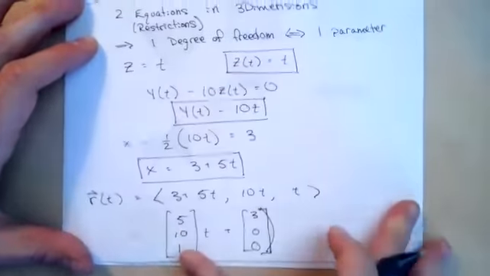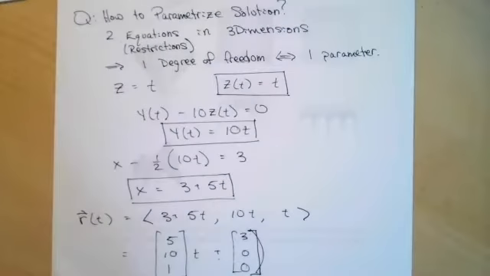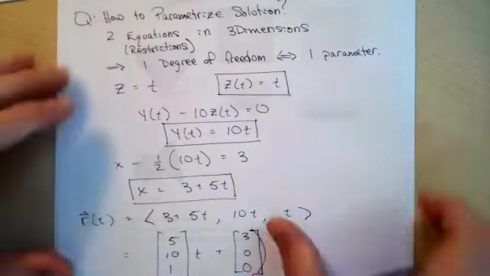We have a parameterization of each of our coordinates, and that does parameterize a line in 3 dimensions. So this should only exclusively be used when we have infinite solutions, or when we have a situation that implies infinite solutions. Okay.